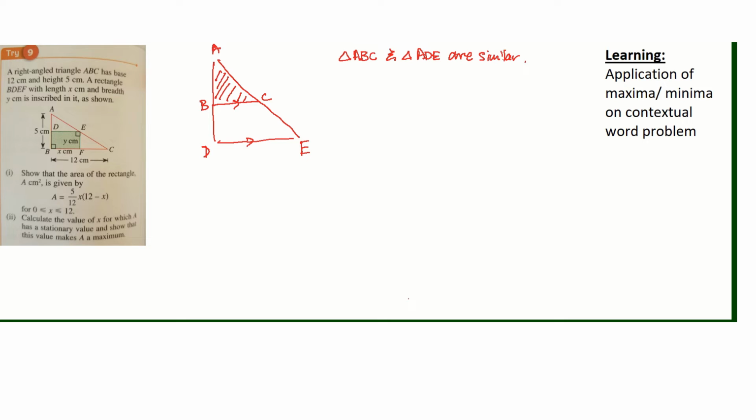So what do I mean? Suppose, for example, I call this BC as x and I call this entire thing 20. Okay, and then let's say I have this thing over here as y and the entire triangle as 30, for example.